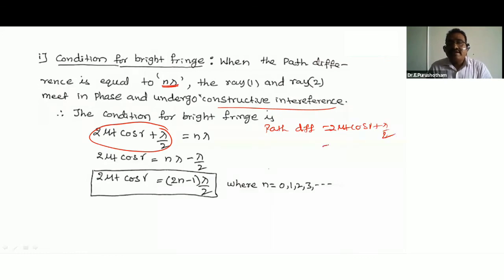In general, path difference is n lambda. So taking both, this is n lambda minus lambda by 2. You can write 2n minus 1 lambda by 2, where n is equal to 0, 1, 2, 3, and so on. The condition for bright fringe is 2 mu t cos r equal to 2n minus 1 into lambda by 2.